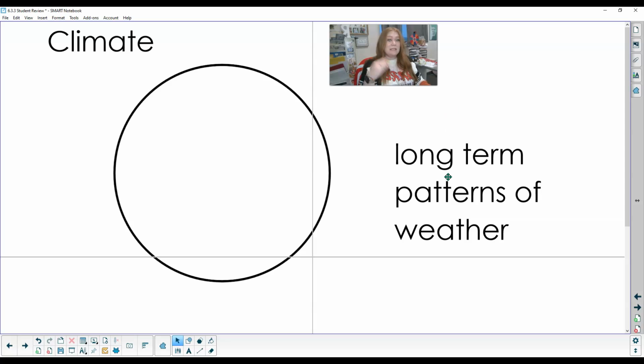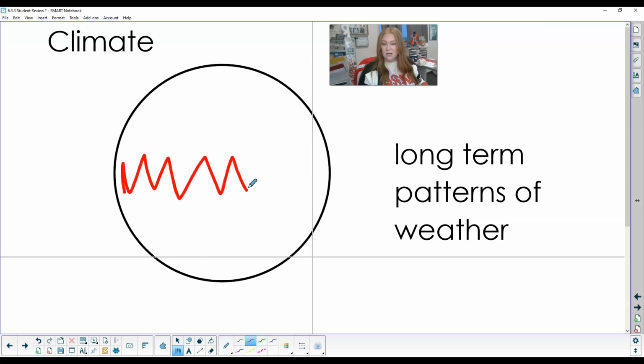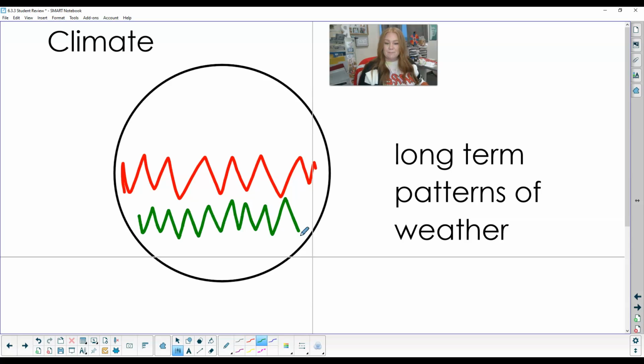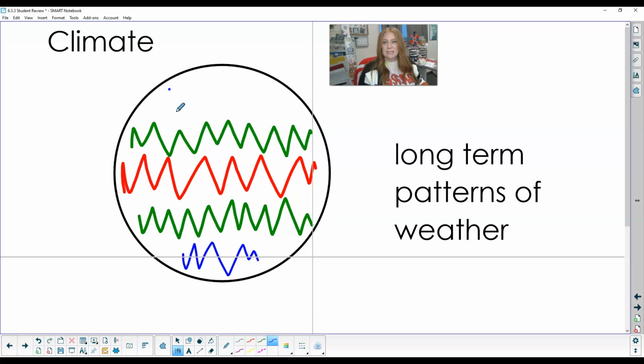Can it snow there? Yes. But their climate is that it's a desert and they don't expect it. Their pattern shows that it usually does not snow there. So we've got these climates. We're going to have that hottest part at the equator. We're going to have places where we get more seasons going out from there. And then we've got the colder parts at the poles. So they get colder as they get farther away from the equator.